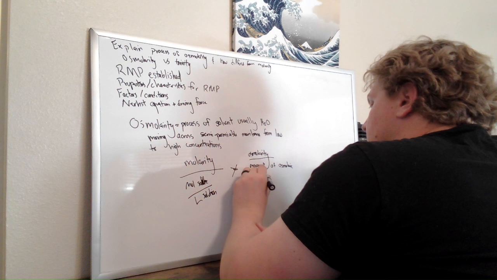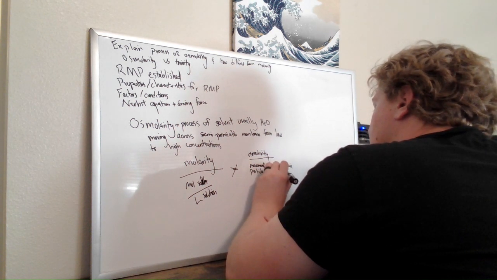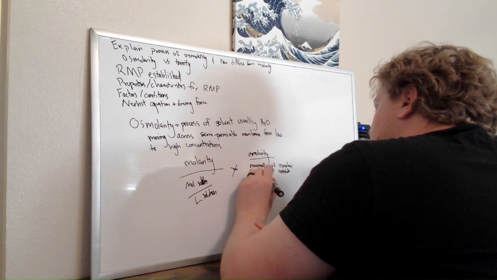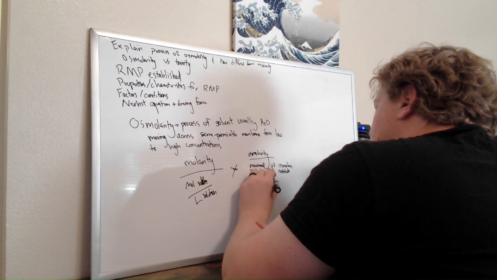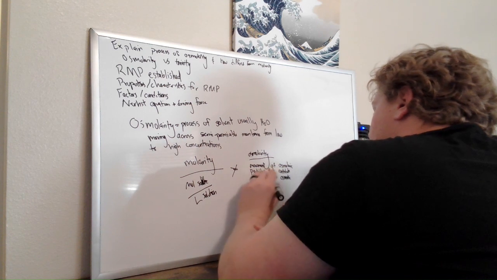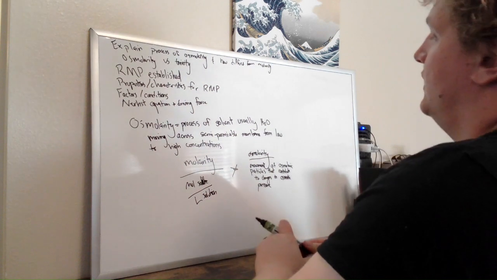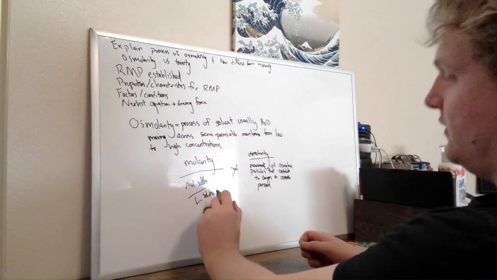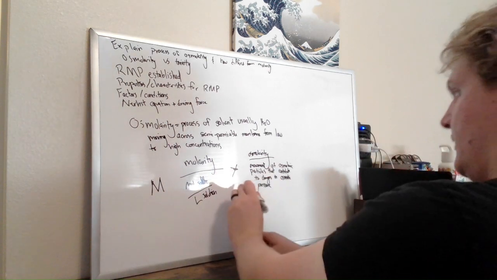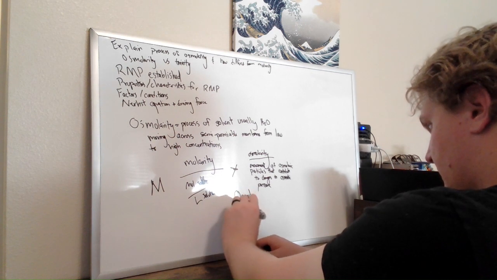Osmolarity counts particles that contribute to changes in osmotic pressure. The units for molarity, like I said earlier, are moles per liter. We usually call it big M. Osmolarity is osmoles per liter.